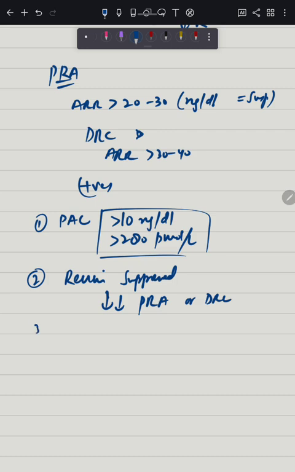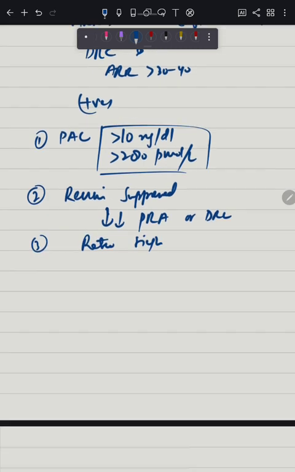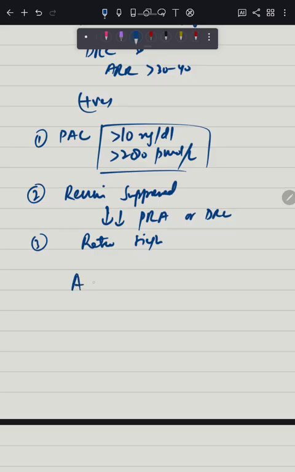And third, the ratio should be high. So you need all: aldosterone up, renin down, and ARR high. Only then will you say that the screening test is positive.